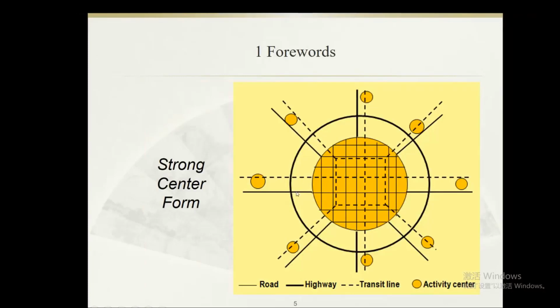Watch carefully. This one, the black thick lines, represent what? Highway, expressway, freeway. But can you find the expressway or freeway or highway inside the city center? Can you?